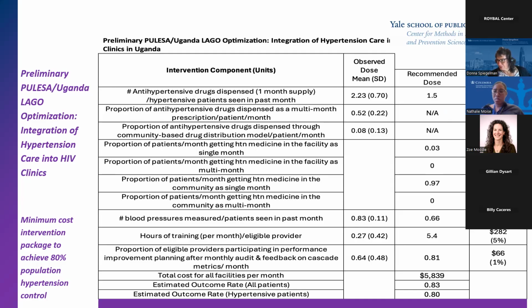And then 20% of the cost is from measuring blood pressure. And then really just 6% is on these HR interventions, training and audit feedback, but they're nevertheless important and recommended. So this is what we got at stage 2, and now we're redoing this for the final recommendation with all of the data.